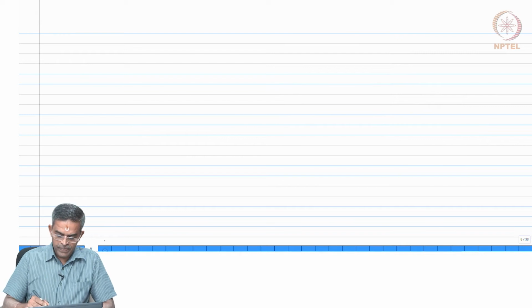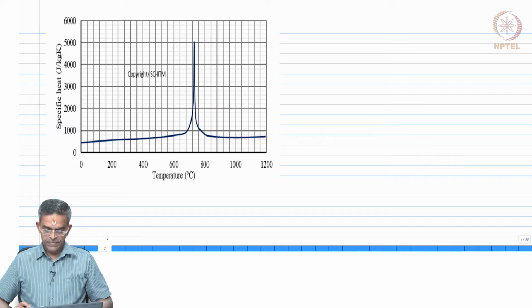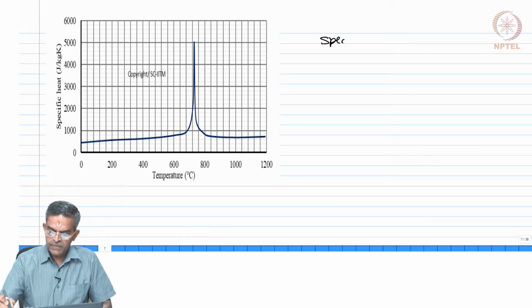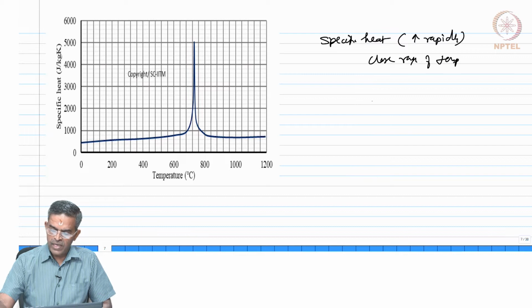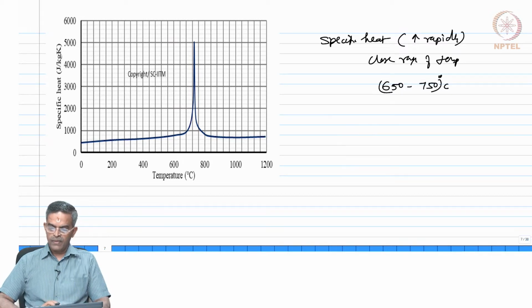Similarly, if you look at the specific heat requirement, it gradually increases and the specific heat increases rapidly in a close range of temperature varying from 650 to about 750 degrees Celsius, after which it remains more or less constant.